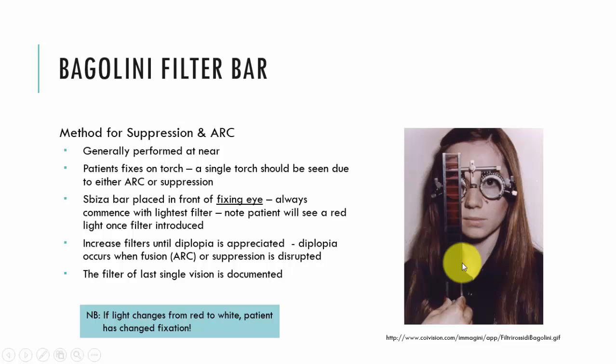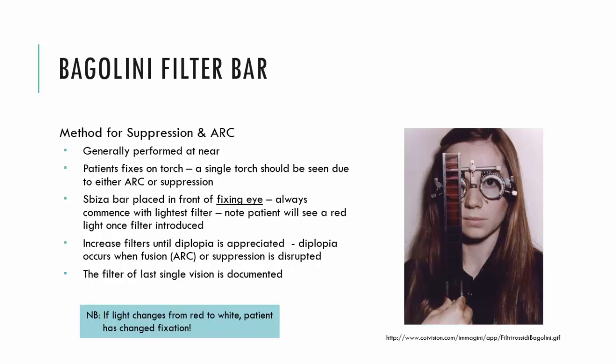The other thing is that, say for instance that diplopia occurs at one of these dense filters, on the next visit you can assess them again and see whether there's been any loss of density in terms of that suppression. So you can monitor what's happening with this adaptation whilst you're prescribing treatment that can disrupt their adaptation.